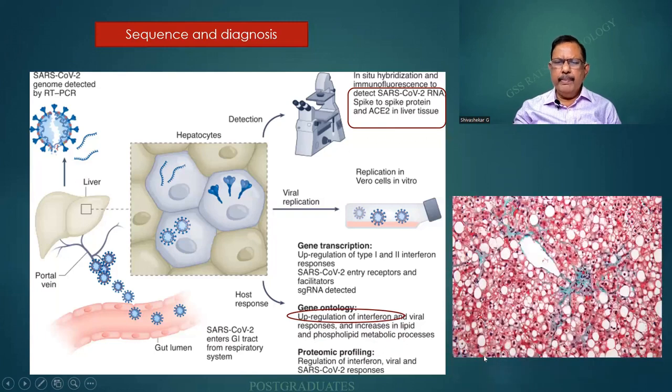And this is an incidental picture, not necessarily from a COVID-19 case. I find that there is a loss of architecture. Go back to the first picture.